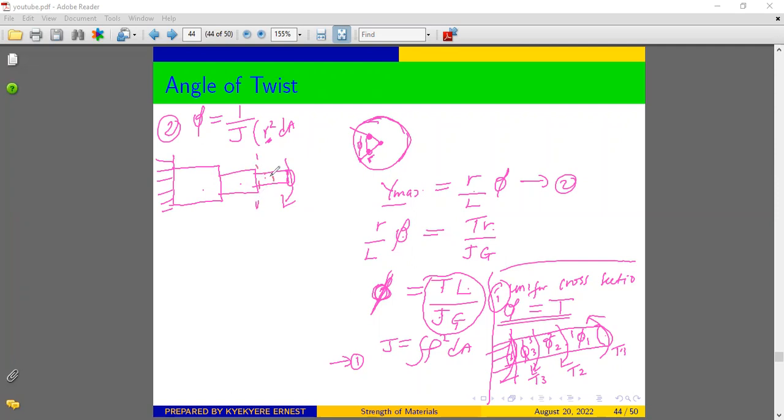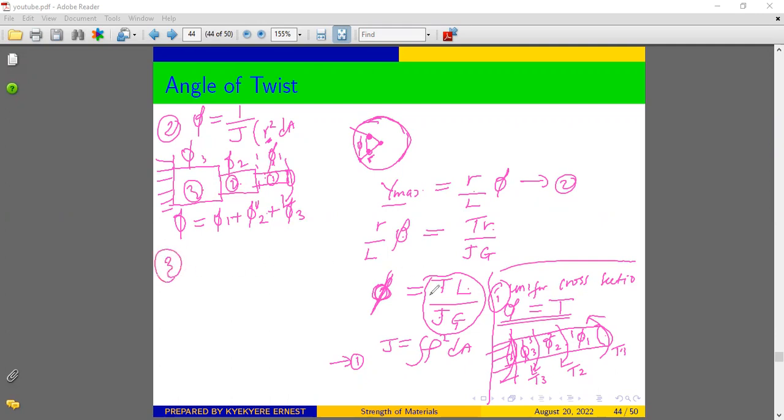So this will be section 1, this will be section 2, this will be section 3. I calculate the angle of twist for this section, I also calculate the angle of twist for that section, phi 1, phi 2, and phi 3. Then I can get my total angle of twist as phi 1 plus phi 2 plus phi 3. So this is the second condition.